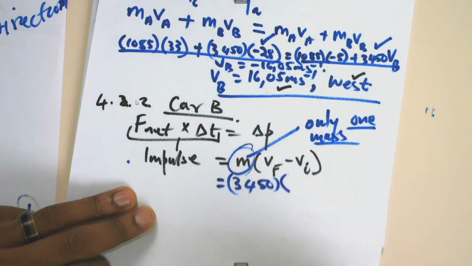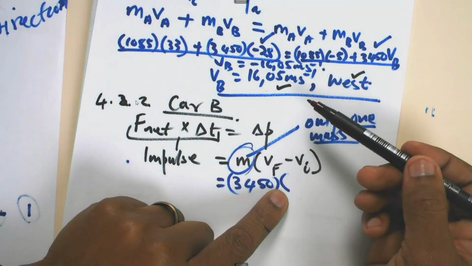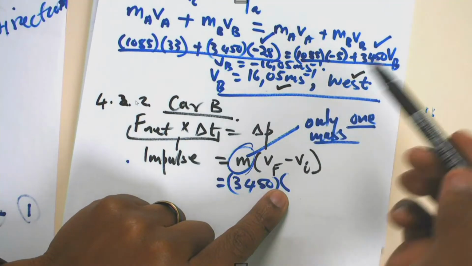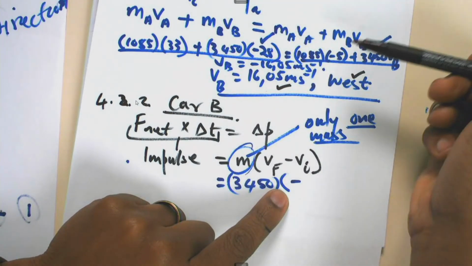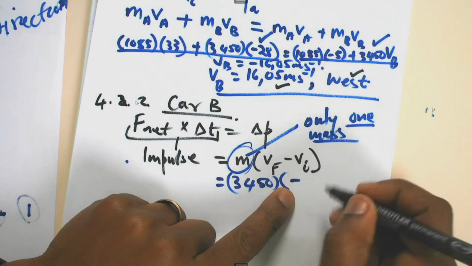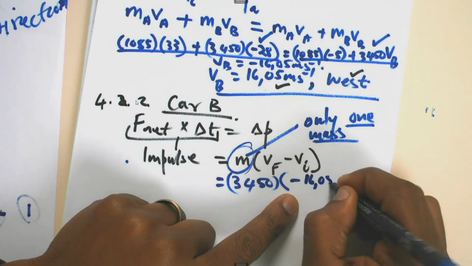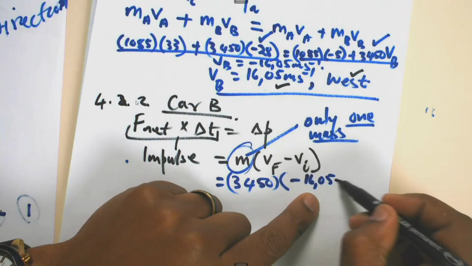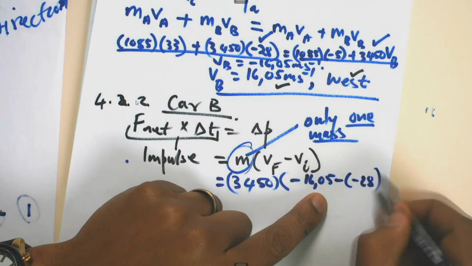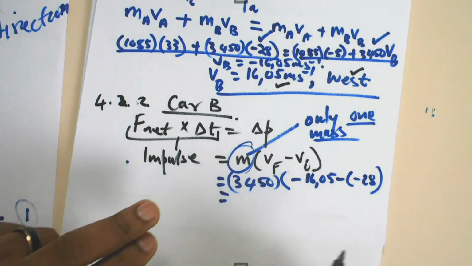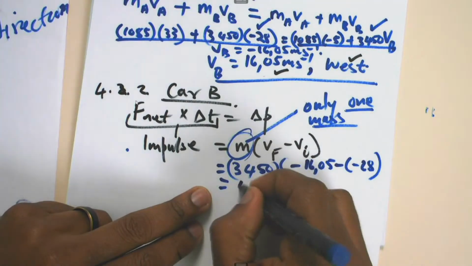The v final was given now as negative, because remember we said it was moving west, so it is given as negative 16,05, and then we'll have minus 28 again, minus 28.